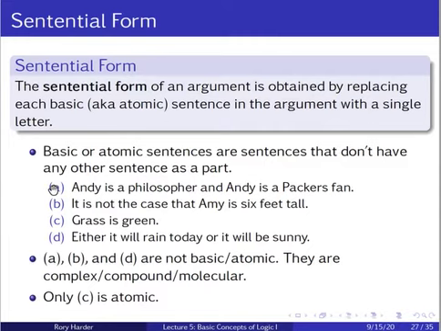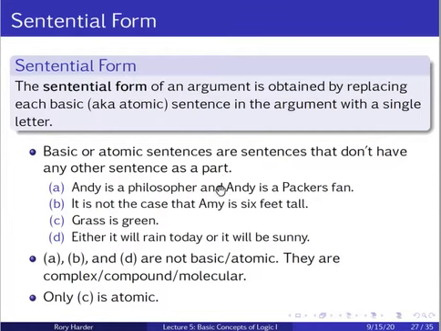So let's look at the following four sentences together. Sentence A. Andy is a philosopher and Andy is a Packers fan. Is this sentence atomic or not? This sentence is not atomic because it contains two smaller sentences as parts. What we'll see is that this sentence is a conjunction of two atomic sentences.